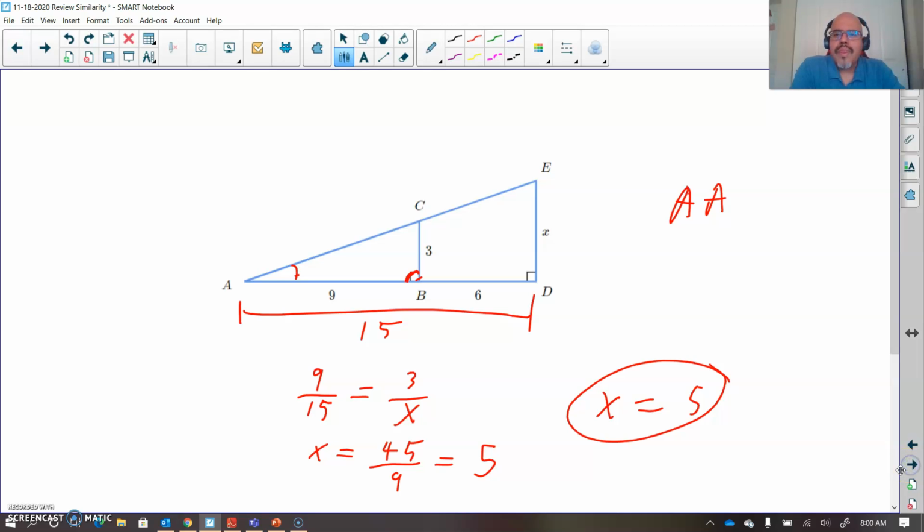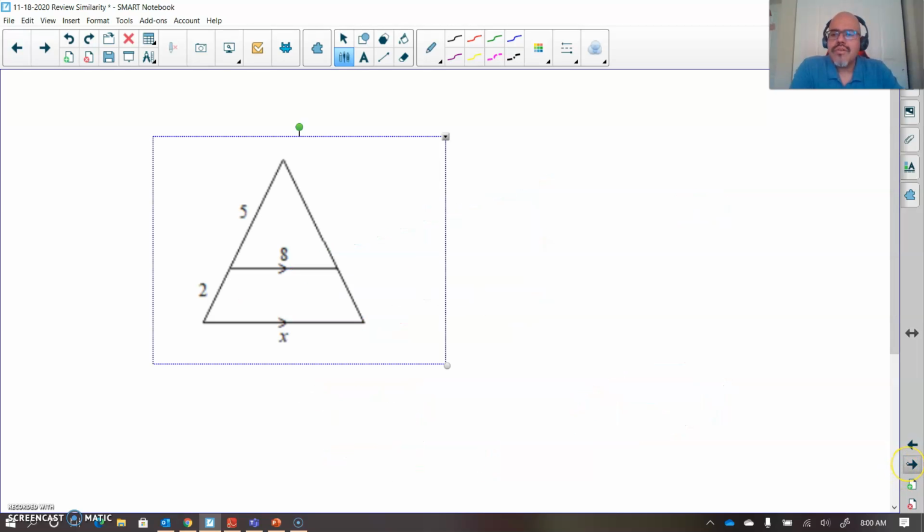All right, let's go ahead and check a few more. Judging by this information, we have this angle in common between these two triangles. And then we have this angle and this angle, both corresponding angles, which are equal to each other. So that means that we have angle, angle similarity again.